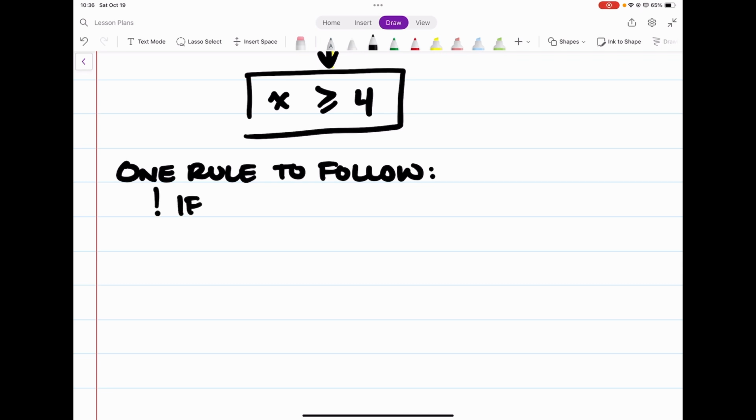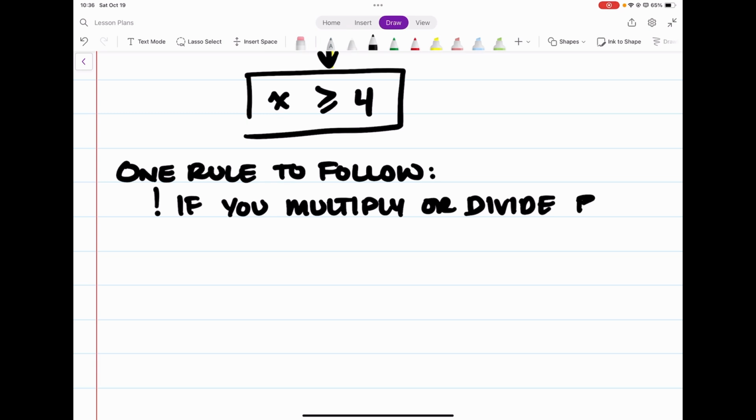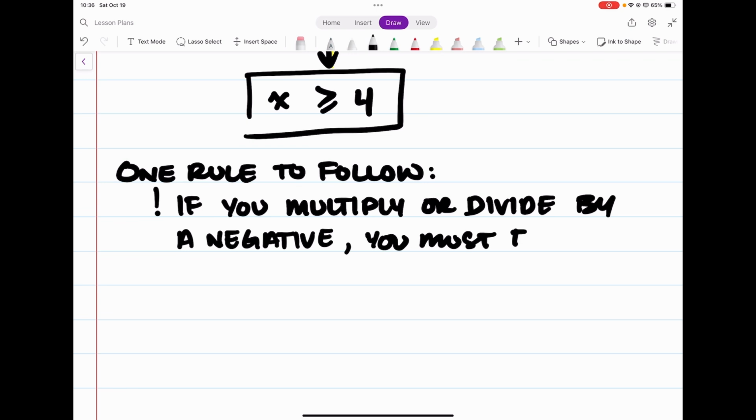If you multiply or divide by a negative, you must flip the inequality.